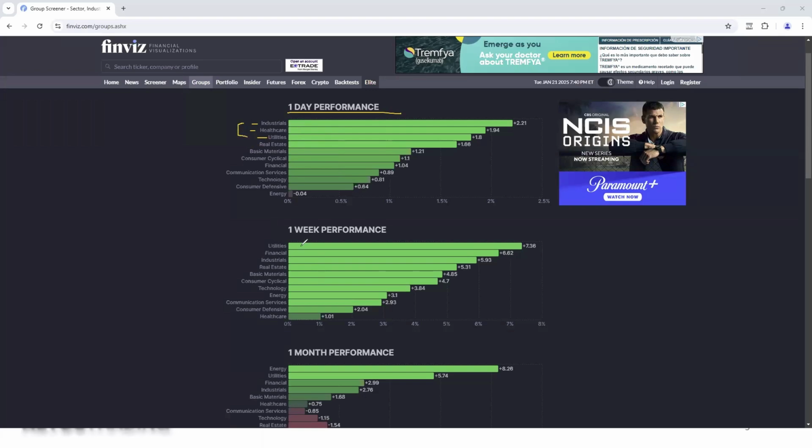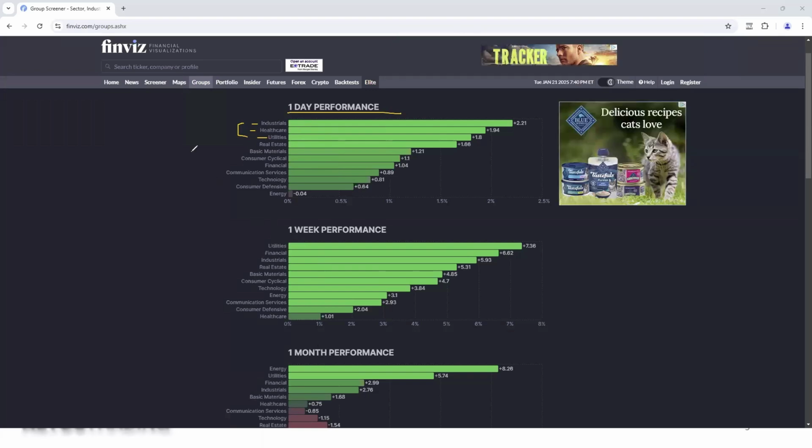And then I look at the different time intervals to see which of these reside. This is more in regard to whether this is a sustainable trend versus a blip in the market. So if I go over the past week, utilities, well, that was in the top three here on the 1 day performance. It's number two in the 1 month performance.